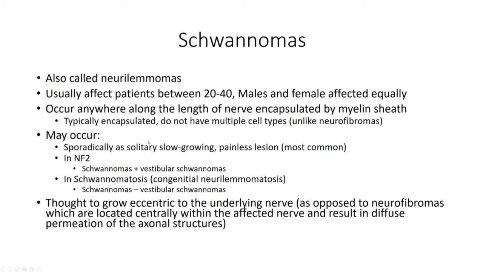Or you can see this in schwannomatosis, which is another syndrome where multiple schwannomas are found throughout the body, but you don't typically have vestibular schwannomas, which are the hallmark of NF2.